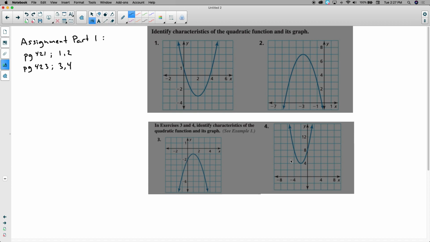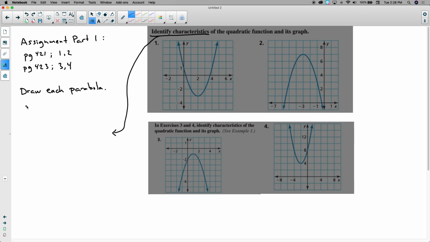Okay, so to make my directions clear, I want you to draw each parabola on a piece of graph paper and then identify these characteristics. And that's going to be this list over here.